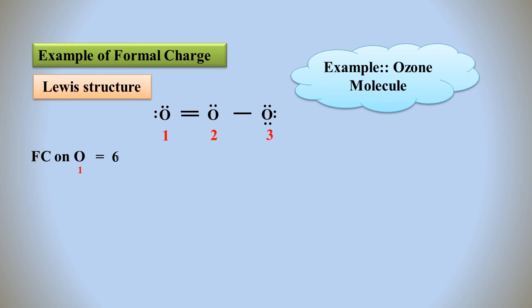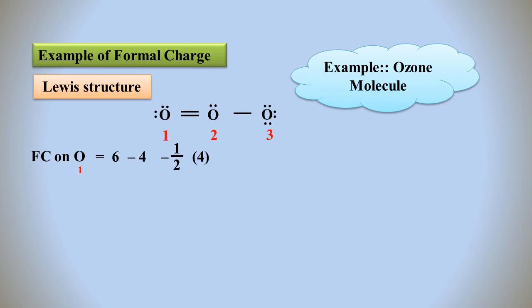Here we use the rule: the total number of electrons in the free atom is 6, minus the lone pair electrons, 4, minus half the number of bonded electrons, which is 4 here.